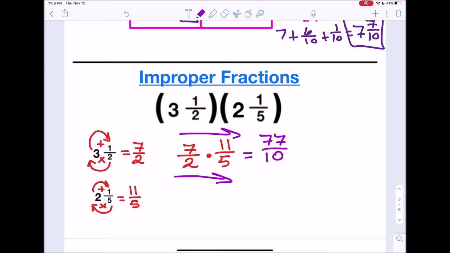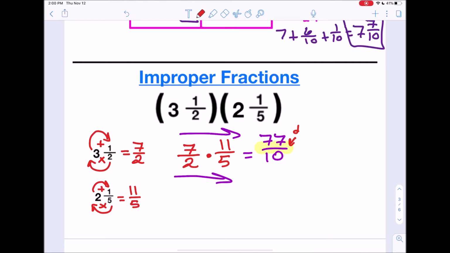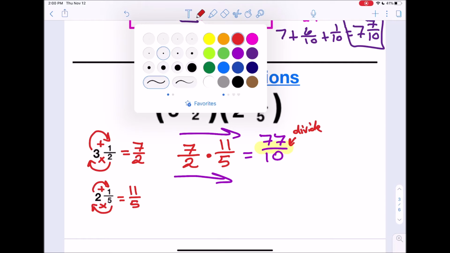So this is still an improper fraction, so we need to simplify it by turning it back into a mixed number. So I look at this and I go, okay, that fraction bar also means to divide, and that top number is not supposed to be bigger than the bottom number.